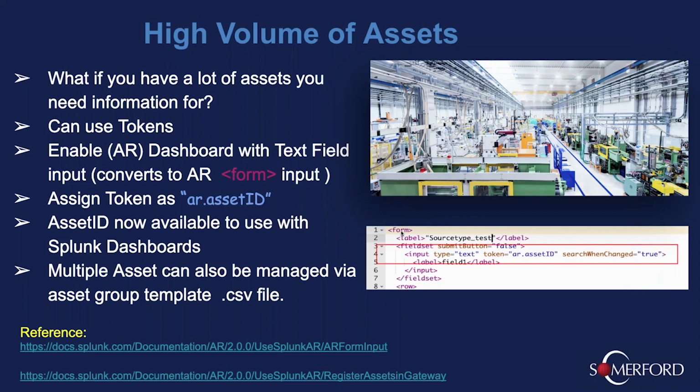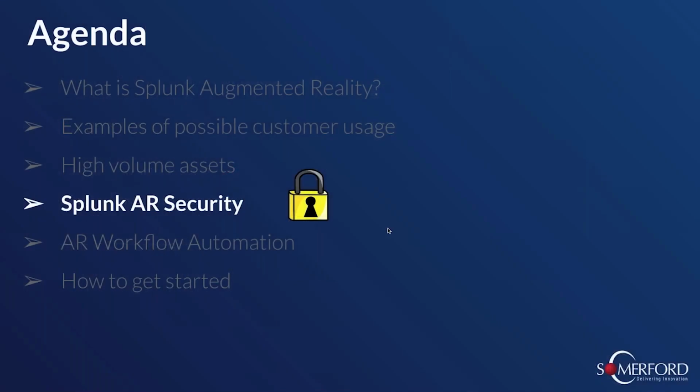And that's fundamental. It means that then they can use that as a filter for dashboards. And this is the way you look at it. There are some links at the bottom of the page, and you can also use multiple assets, of course, through CSV files. So you can ingest CSV files to get all of this information. So we've talked about high volume assets.